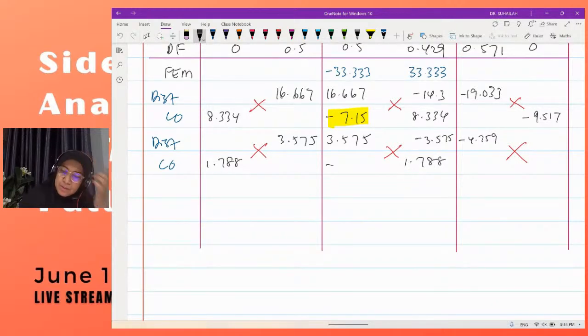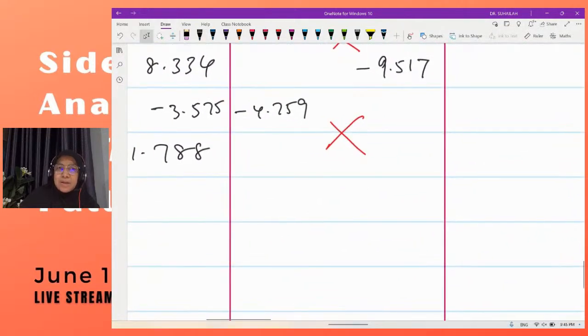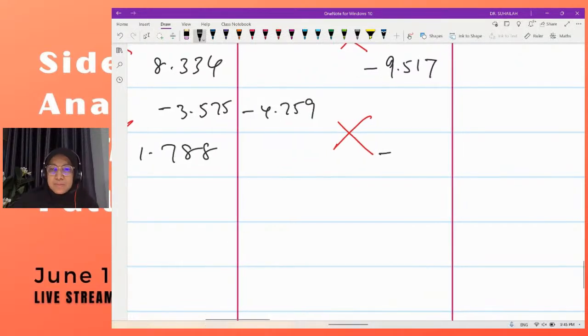This is also 1.788. And another one, 4.759 divided by 2, or times 0.5, is 2.380.